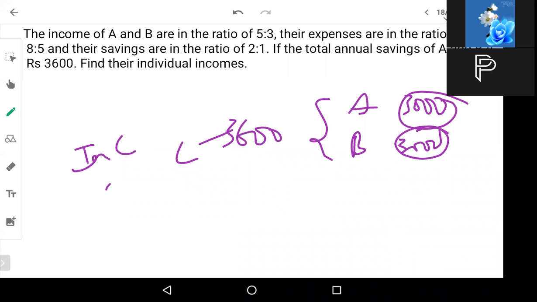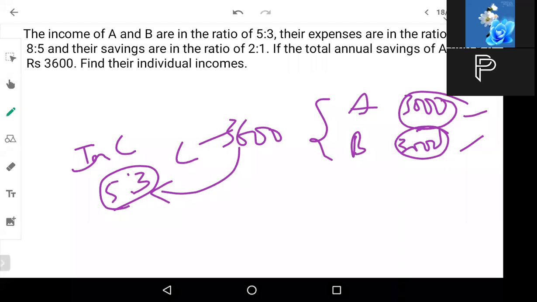What is the income ratio? 5:3. Okay, so what we are supposed to do is divide this 3600 in the ratio of 5:3. Okay, now once we divide the number in the ratio of 5:3, only then we will be able to get the separate savings amount, and rest of the problem is same as the previous one.